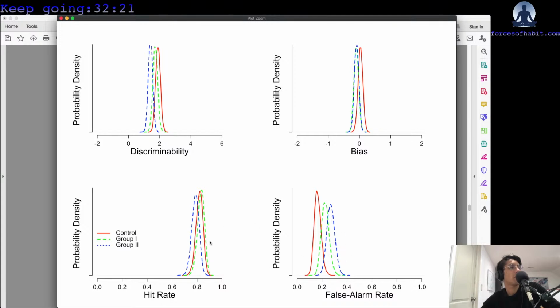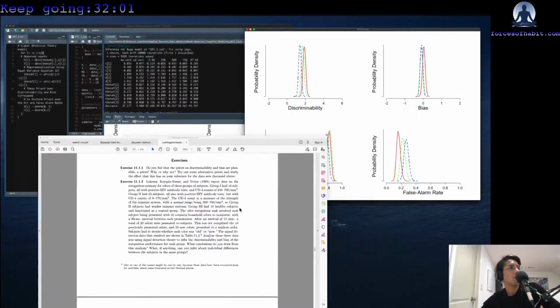So choosing the wrong smell increases, not increases, but is higher probability in the second group, relative to controls, it looks like. And what is special about the second group?